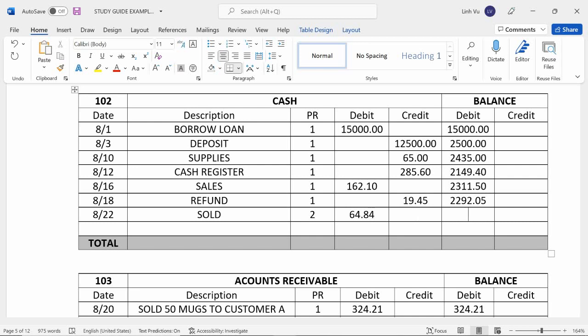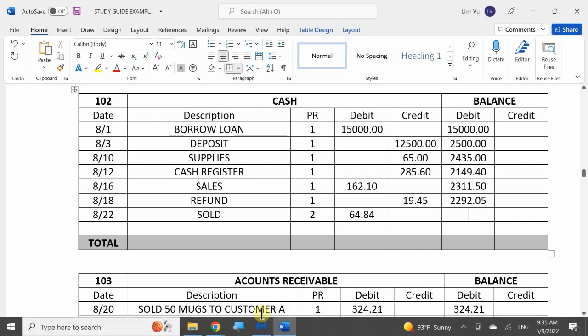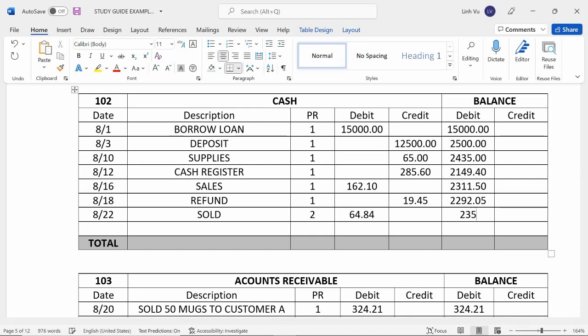So that should increase your cash account plus 64.84 should give you a total of $2,356.89. Okay.